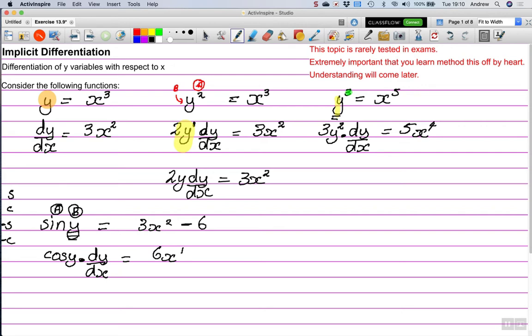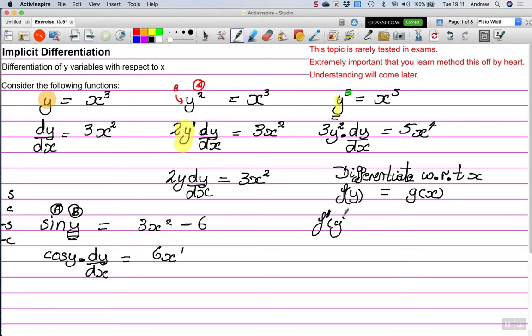So what's going on? Well, if we have a function of y on one side and a function of x on the other, and we choose to differentiate with respect to x, when we differentiate this function, we get f dashed.